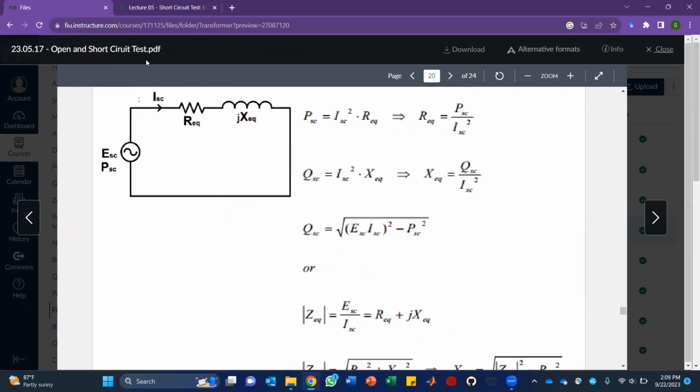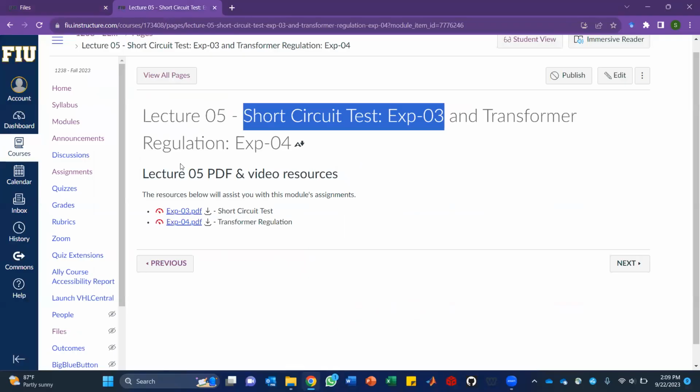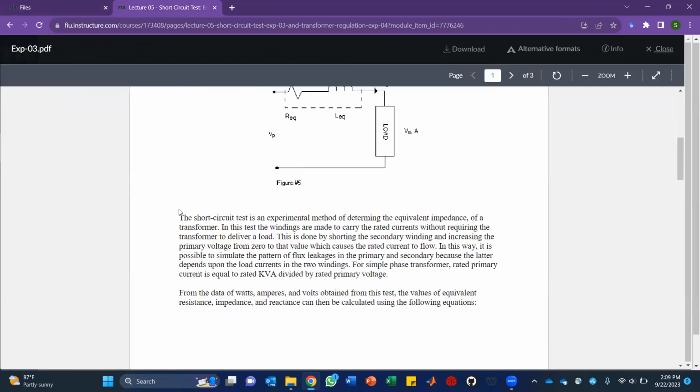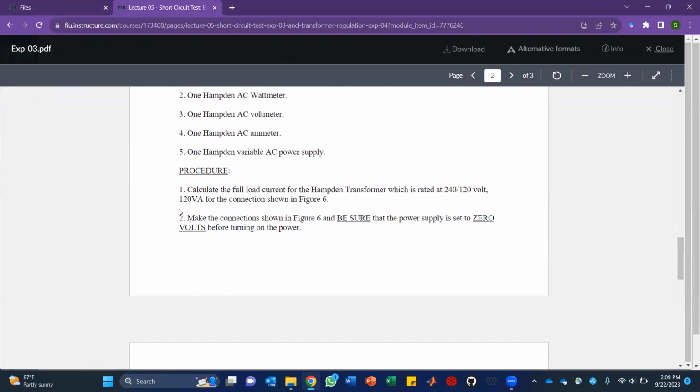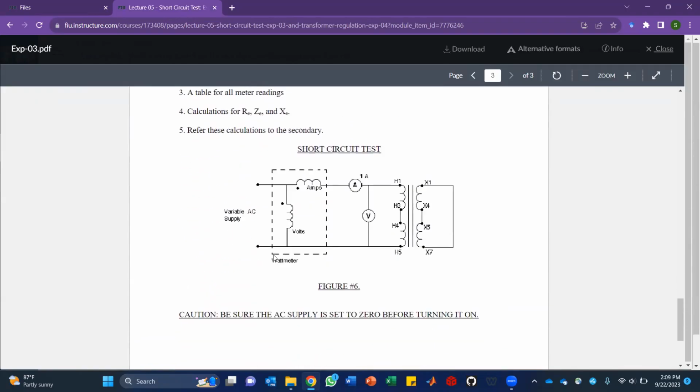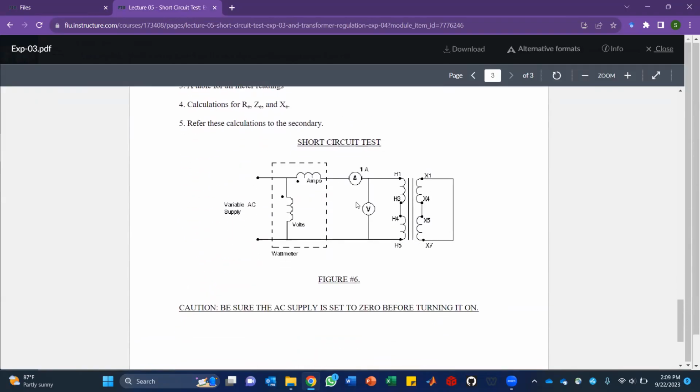So what is the procedure? If we go to the lecture and click on experiment 3, there are procedures written here. I'm not going to read them out loud. The first thing is you need to connect everything like this figure.